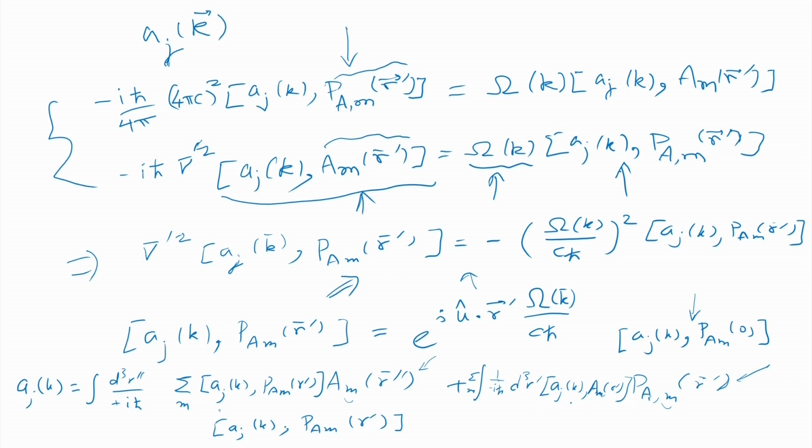And notice that the commutator of A with the vector potential is just a number, and the commutator with the conjugate to the vector potential is also just a number. This is very similar to the simple harmonic oscillator, where the annihilation operator is a linear combination of x and p, and the coefficients are of course constants, and these are those coefficients.